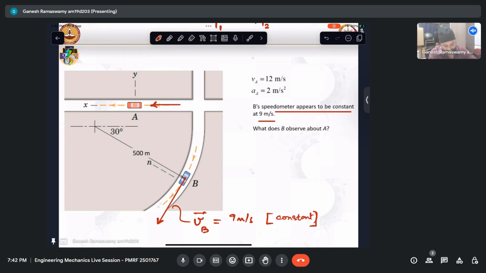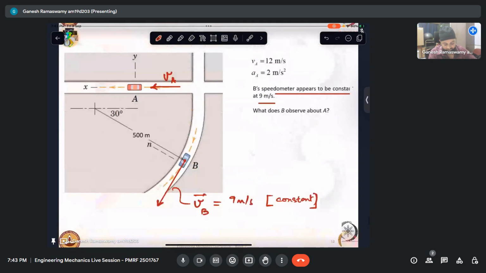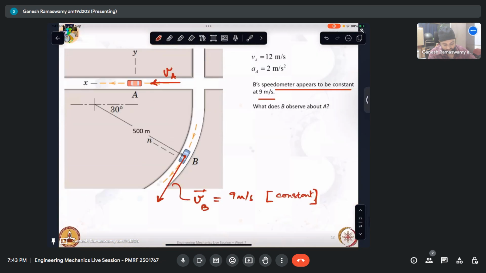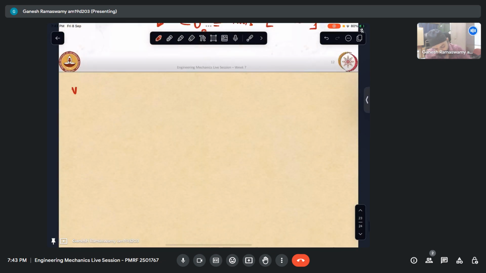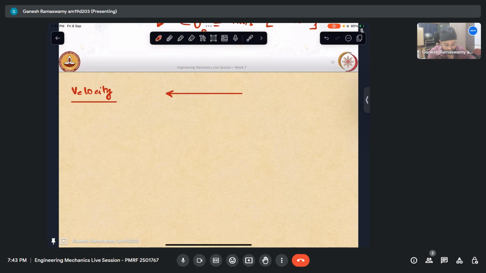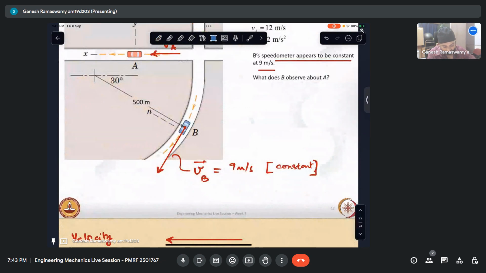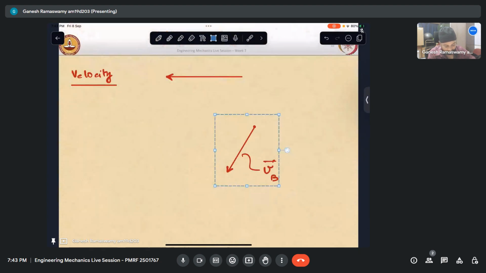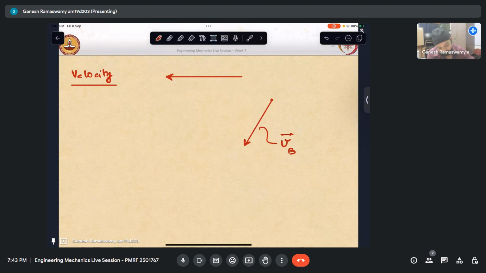So this is velocity of A and this is velocity of B. Okay, so for velocities, if I have two vectors, one like that and the other one like that, let us say that this is VA and this is VB somewhere in space.